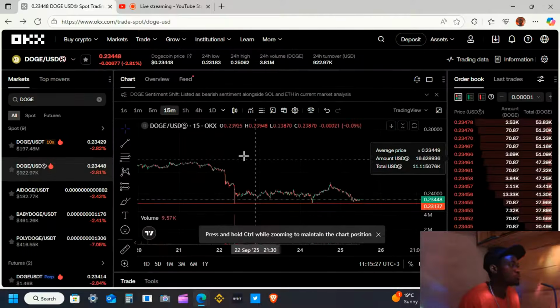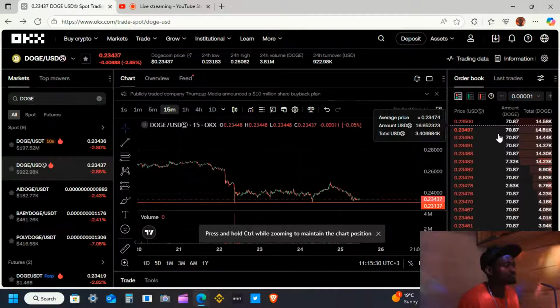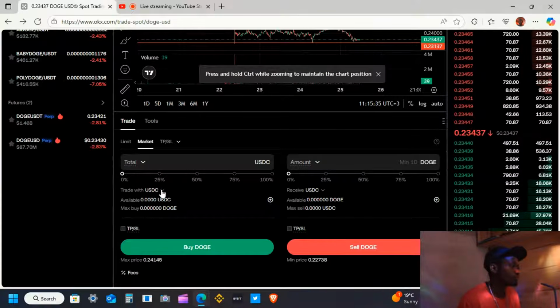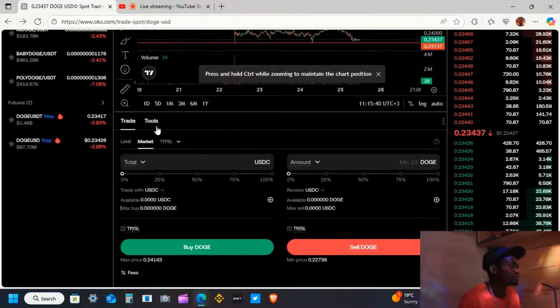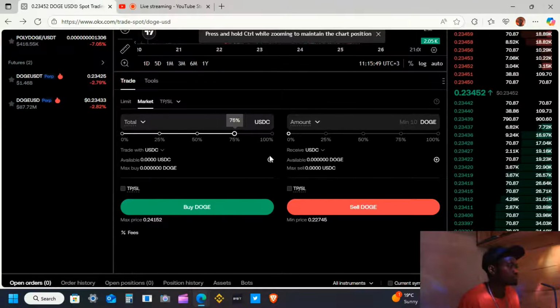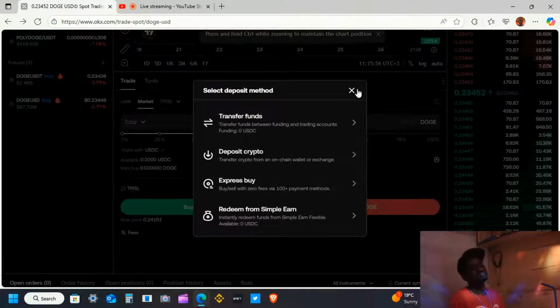Whoa. Symbol of USDC. I don't hold USDC, so I'm holding USDT. But let me try 75%. Transfer USDC.